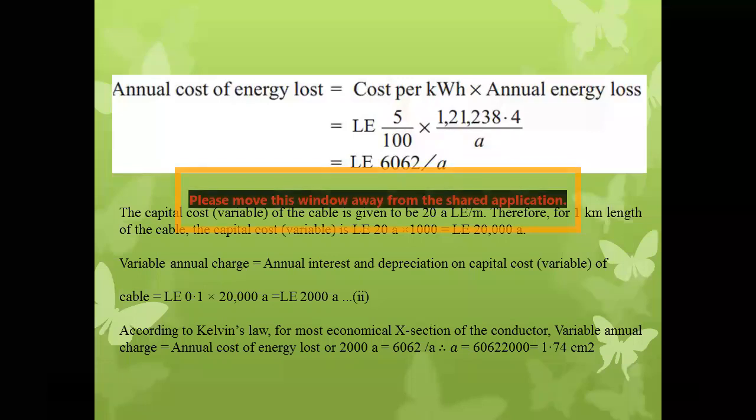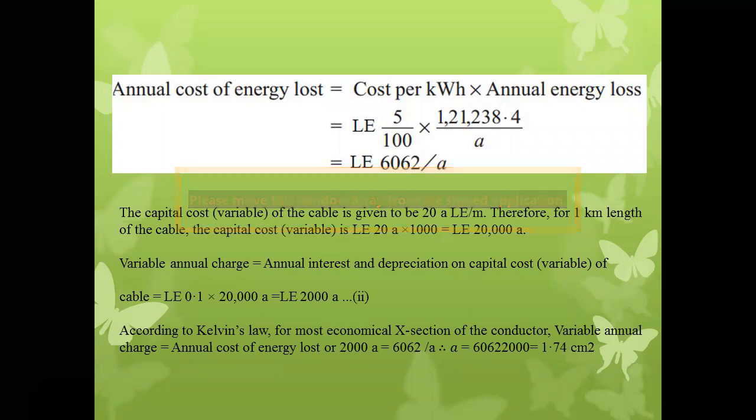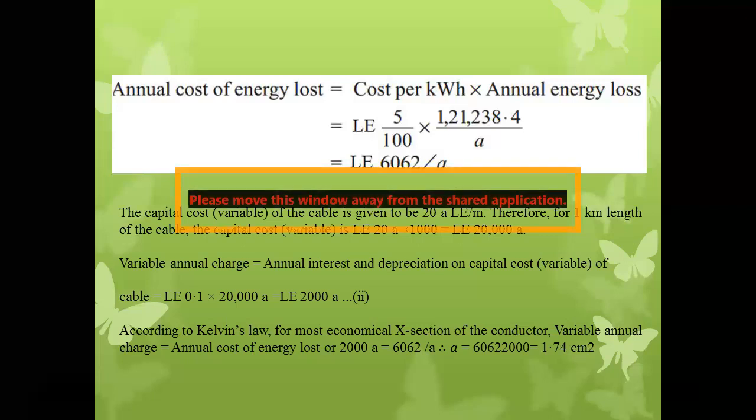Next, the capital cost of the cable is given to be LE 20 into A per meter. Therefore, for 1 kilometer length of the cable, the capital cost is LE 20 into A into 1000. That kilometer is converted into meter, 10 to the power of 3 meter means 1 kilometer.